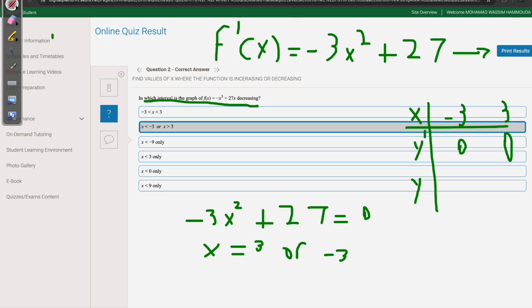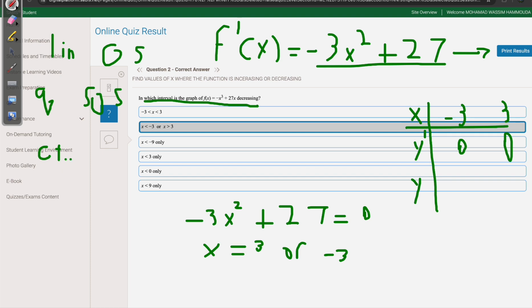If it's linear, which I'll write as LIN, we do OS. If it's quadratic, which I'll write as Q, we use SOS. But if it's cubic and higher powers, we substitute.